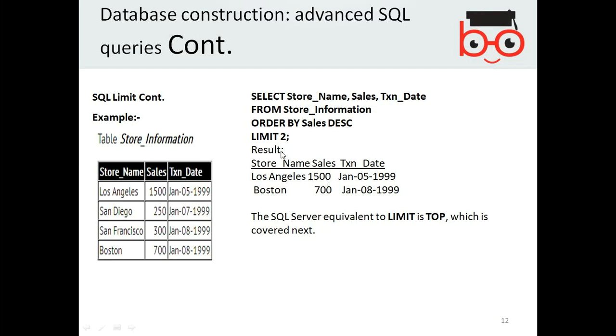So it has to give a limit of 2. If you sort this table, the first is the 1500 sales, another is the 700, and the third record in the order is San Francisco, the fourth one is San Diego. Make sense? So in addition to the limit, it has tested the order by clause as well.